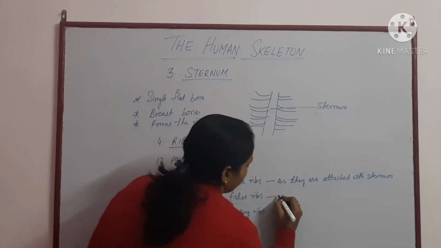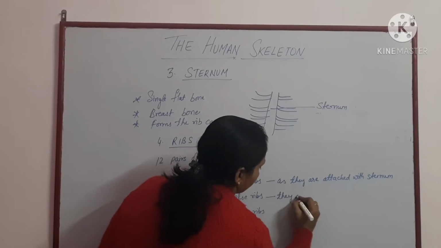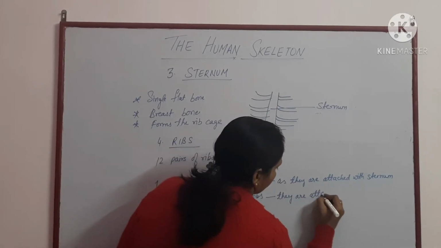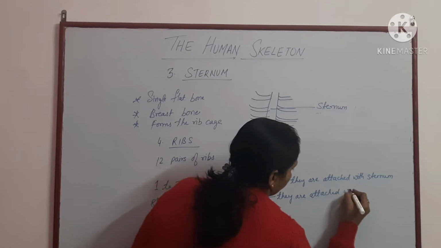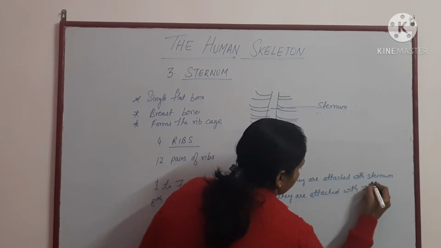False ribs are attached with the seventh rib.